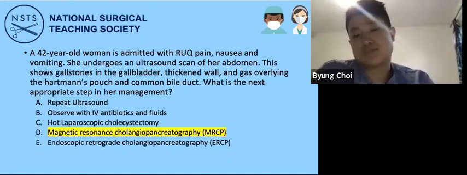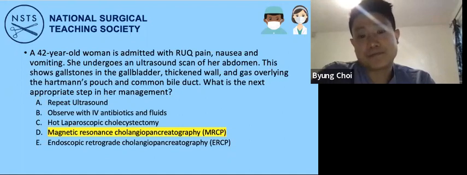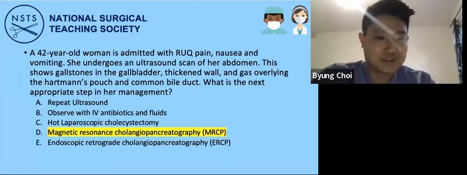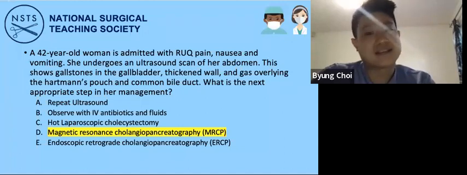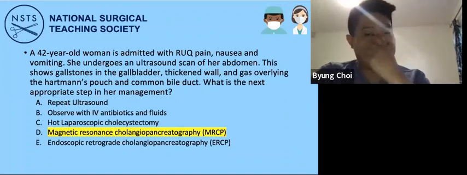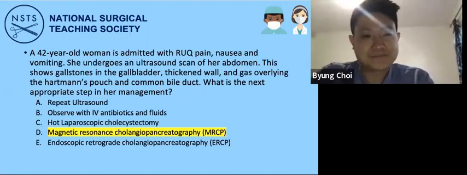Obviously the most important thing to recognize is that an MRCP is just imaging. It's an MRI, so it's purely diagnostic, whereas an ERCP is endoscopic, and so it is both diagnostic and therapeutic. Now, why would we do an MRCP for this lady and not an ERCP?